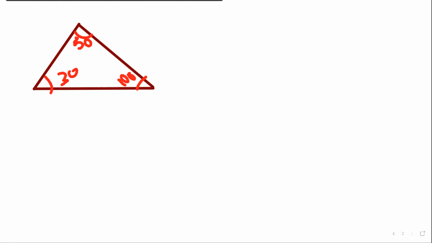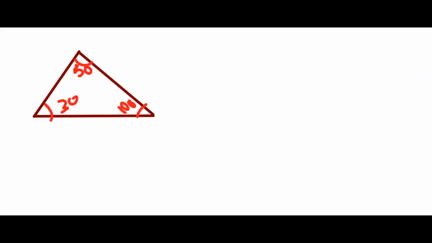Now, what did they tell me here? They tell me that if you now draw a ray starting from the vertex of each part like this, I will draw a ray like this, and a ray like this, and a ray like this.